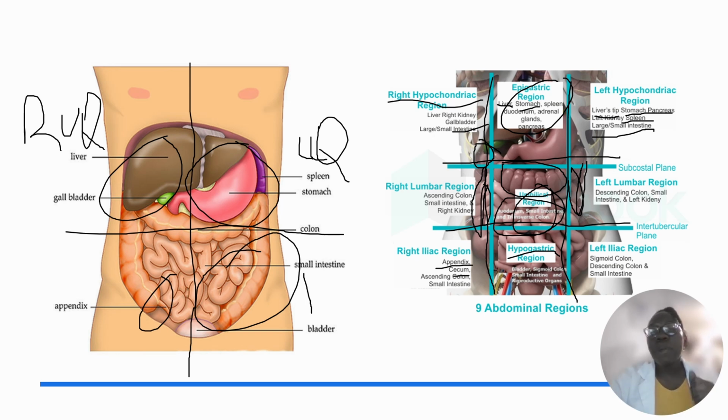Because if I'm talking about the left hypochondriac region and the patient is lying on their side, then I cannot assume that if I cut from a lateral side, I'm going to find the liver. The patient has to be standing facing forward with their thumbs facing outward, and their feet straight to assume where the part of the body is.